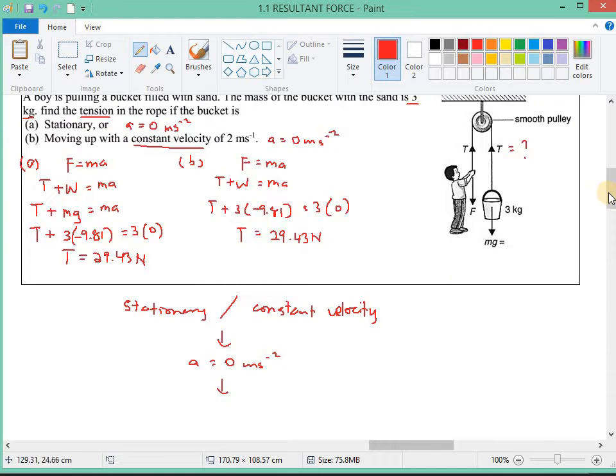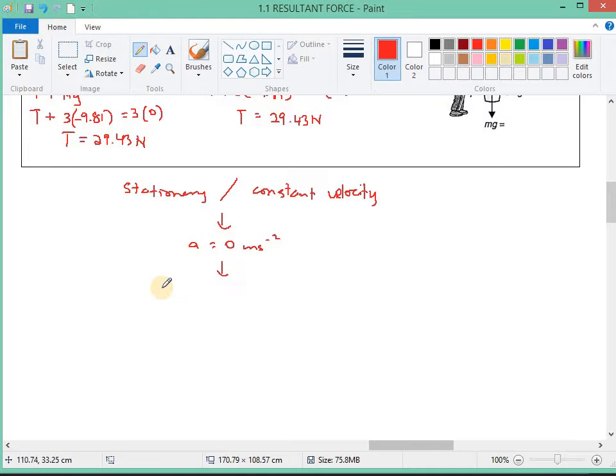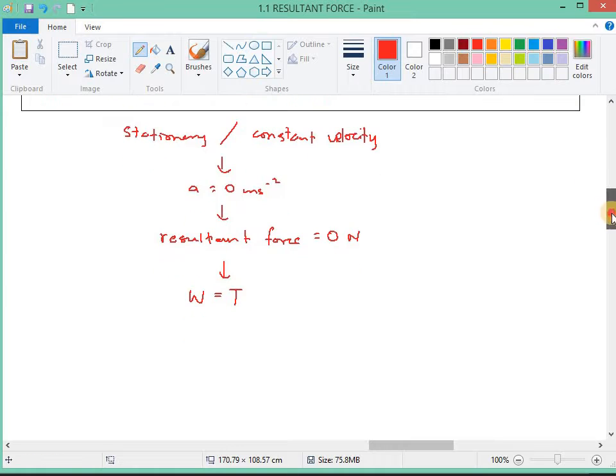Acceleration is 0 means the resultant force is 0 Newton. Resultant force 0 Newton means the weight equals the tension. Both sides are the same, then only we can get resultant force 0.